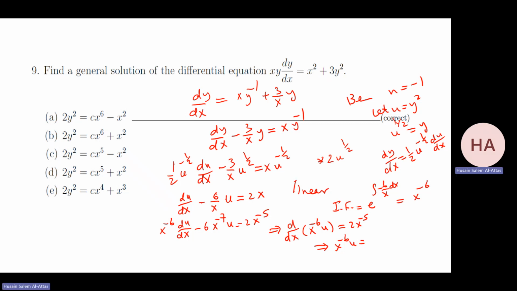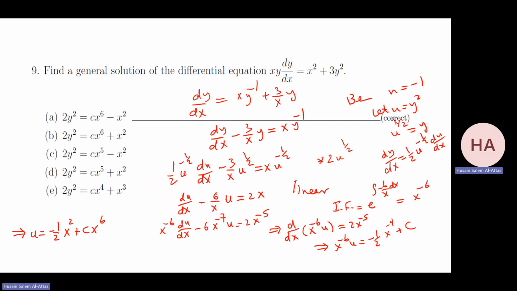You divide by minus 4, so you have -1/2 x^(-4) + c. So u will be what? -1/2 x^2 + c x^6.